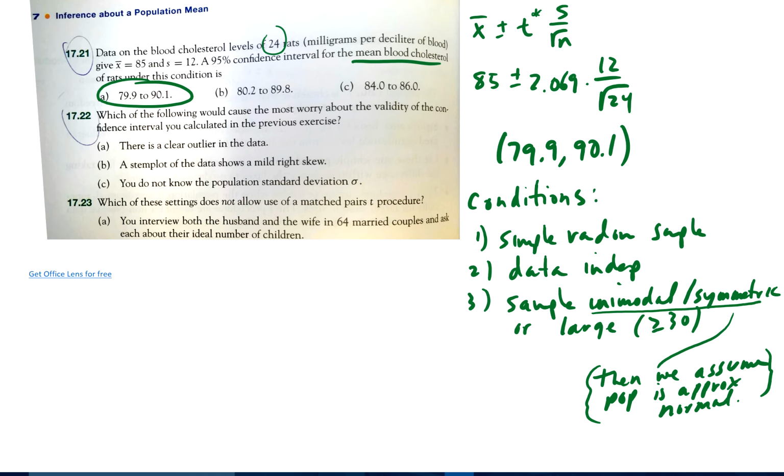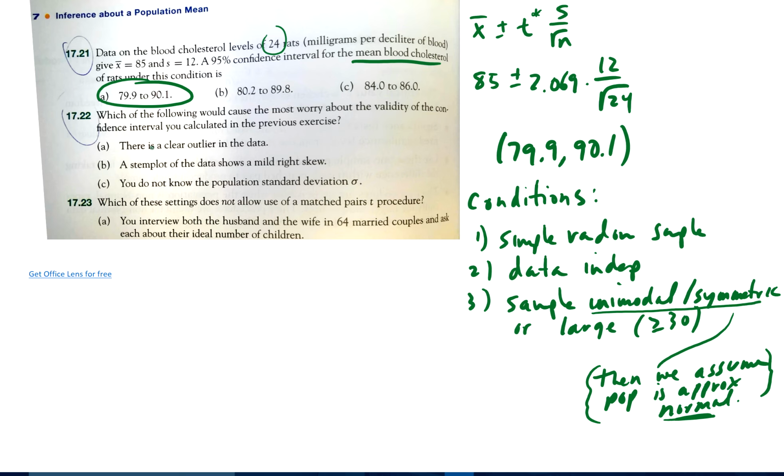Then our sampling distribution is approximately normal. Now, if there are outliers in our data, then our population is not very normal, and that's a problem, because if we have outliers in our sample, then our population is probably not going to be normal, and so therefore none of this works.